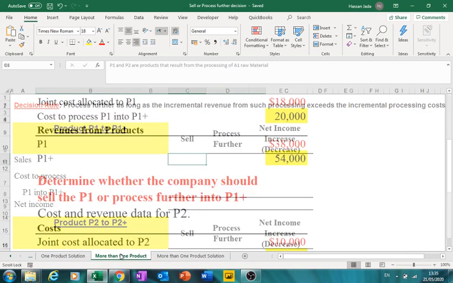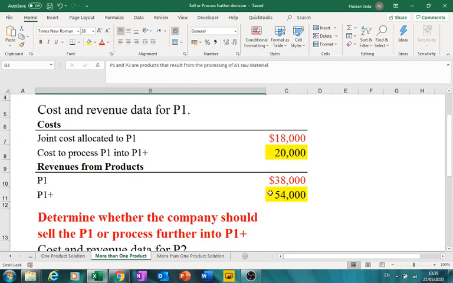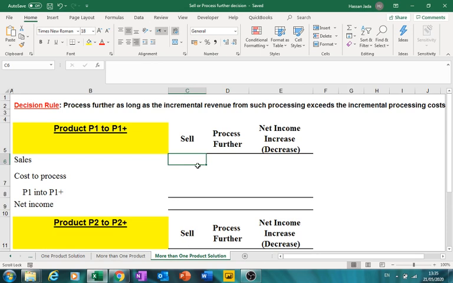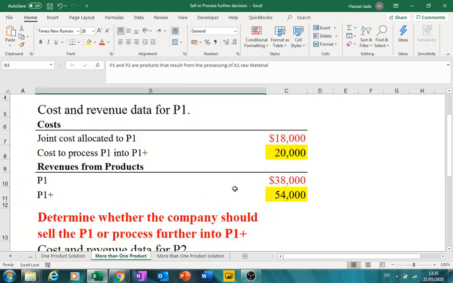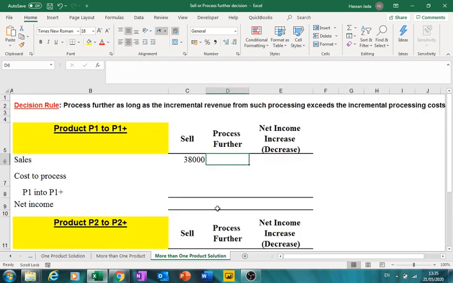If we want to sell this product P1, we have $38,000, and if we process it further, here we have the P1 plus revenue of $54,000.